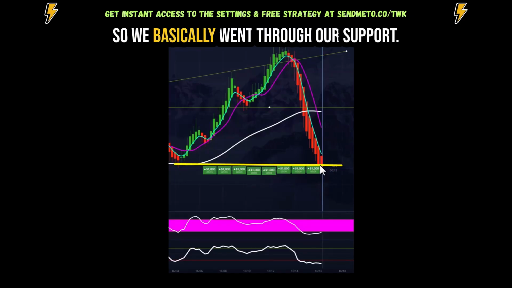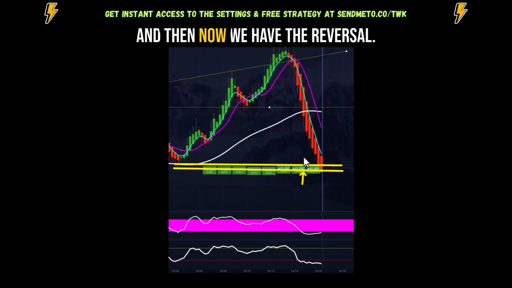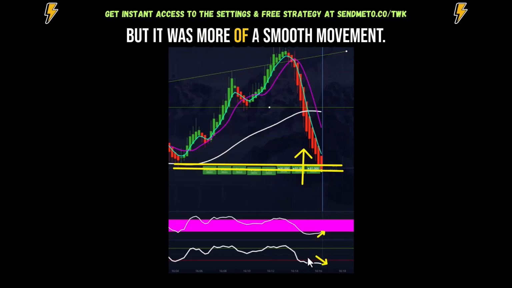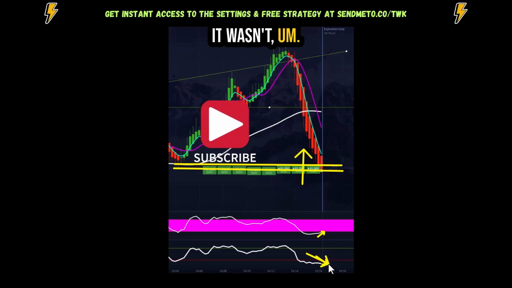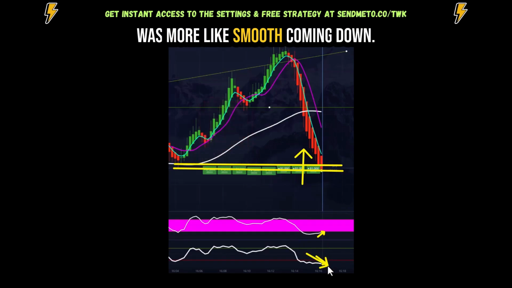So we basically went through our support down to the end of this wick right here, and then now we have the reversal, okay? If you look at the Williams is down, CCI is up, but it was more of a smooth movement. It wasn't necessarily like a flick. It was more like smooth coming down.